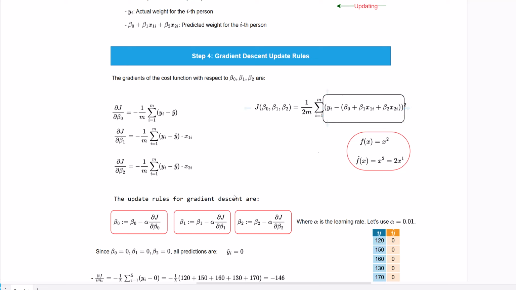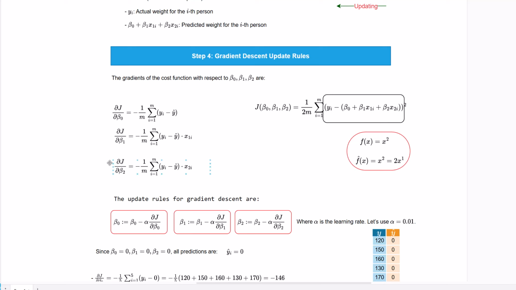And the third one is beta 2. Consider this as constant 0 minus 0, but because it will be minus, I mean minus 0 minus x2. That's why we have multiplied by x2, right?